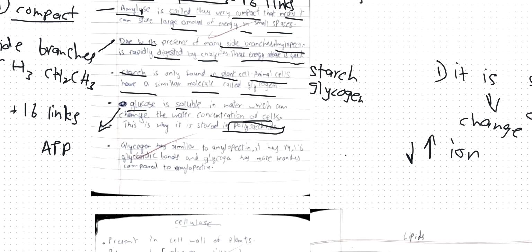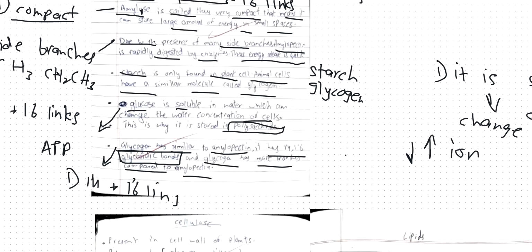So glycogen has similarities to amylopectin. Glycogen is very similar to amylopectin because, one, it has 1,4 plus 1,6 links. It has 1,4 and 1,6 glycosidic bonds. And the second reason that it's similar to amylopectin is that glycogen has more branches compared to amylopectin.